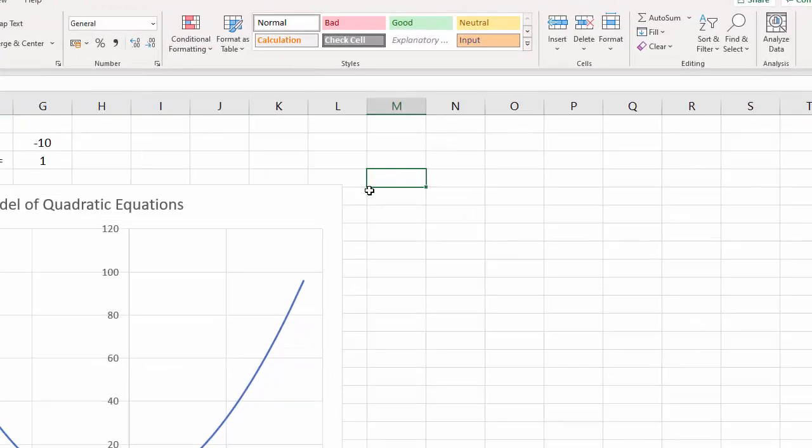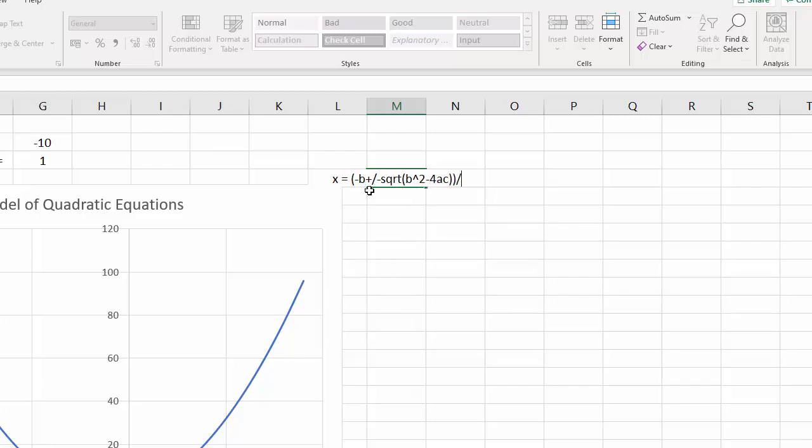So what I'm going to remind you of is that x is equal to, let's put a bracket, minus b, plus or minus, I'll do it my way, which doesn't work in Excel, so that's b plus or minus sqrt, the square root of b squared minus 4ac, bracket divided by 2a.